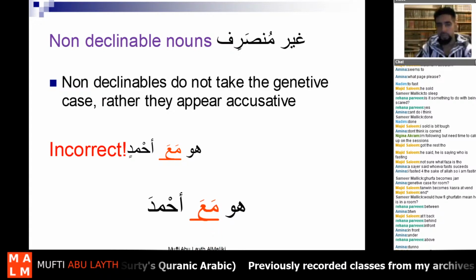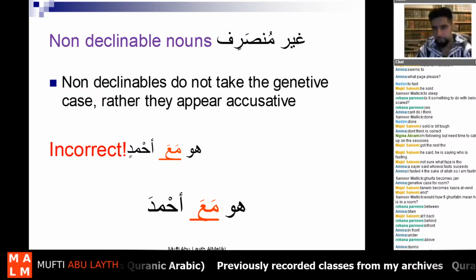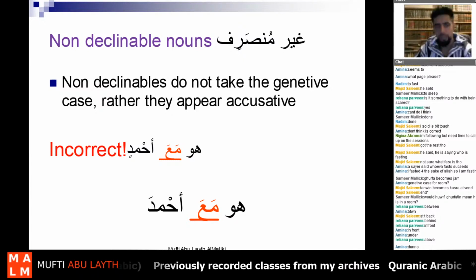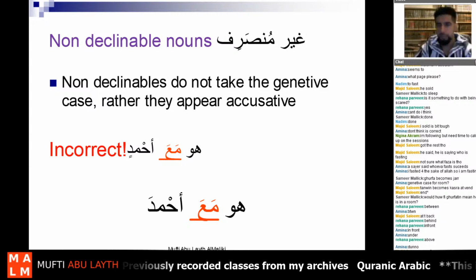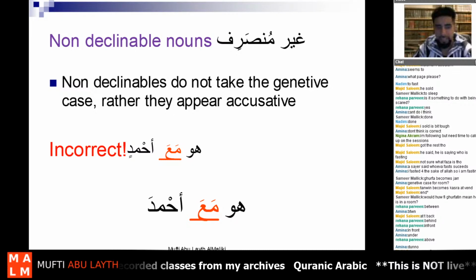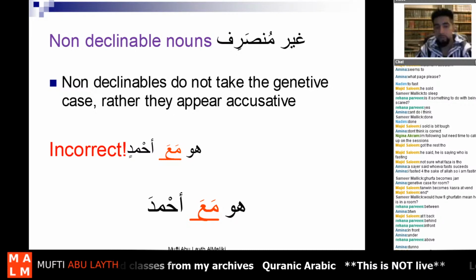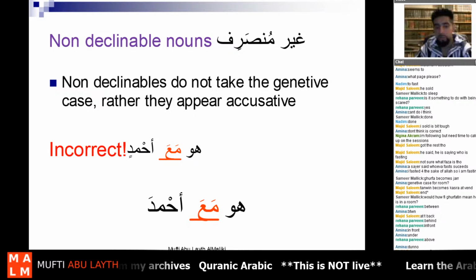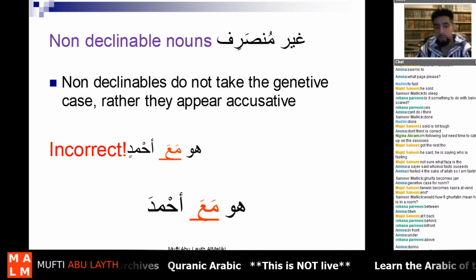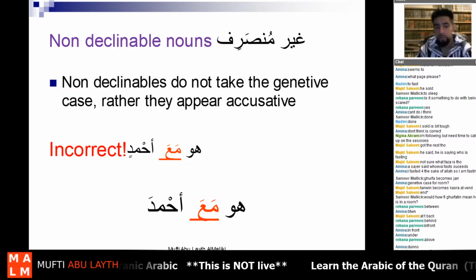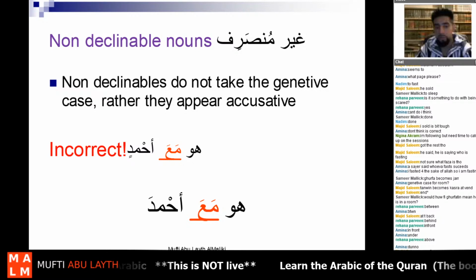First of all, that's incorrect for one reason, that they cannot take tanween, because they're non-declinables. Ahmad is on the pattern of a verb, so Ahmadin could not be correct. It can only have one vowel. So even if you said Ahmadi, it's still incorrect, because ghayr munsarif words can only either have a dhamma, or if you want to put them in the genitive, they still appear accusative. That means instead of a kasra, they take a fatha.